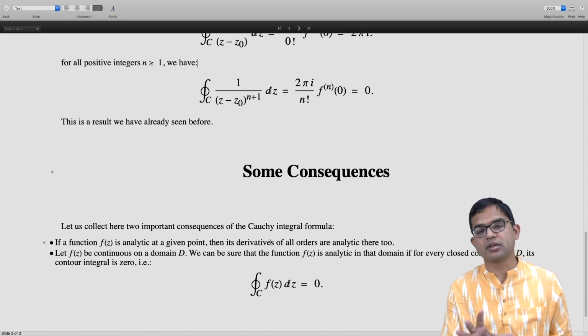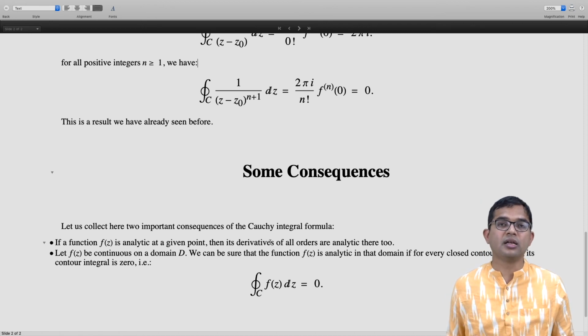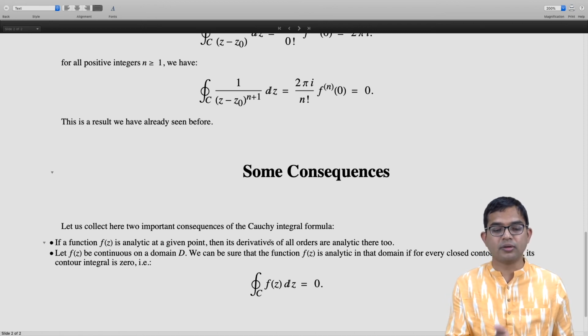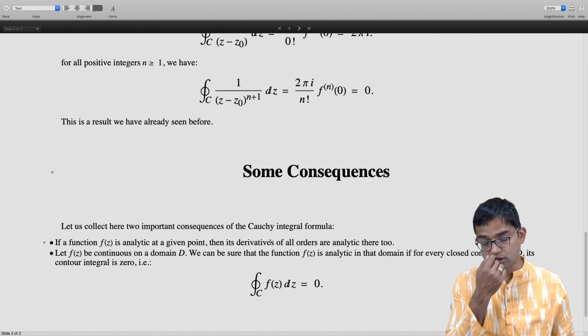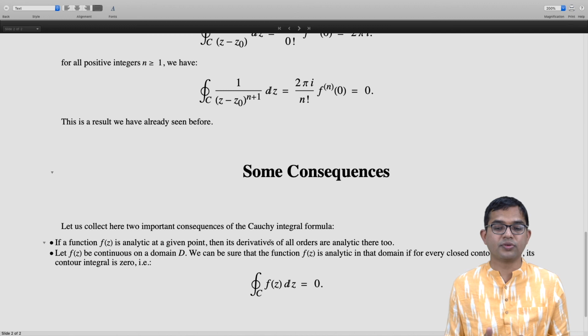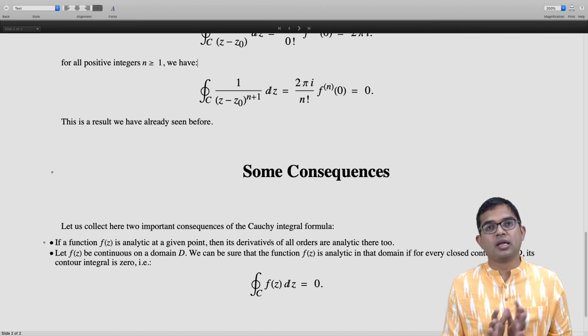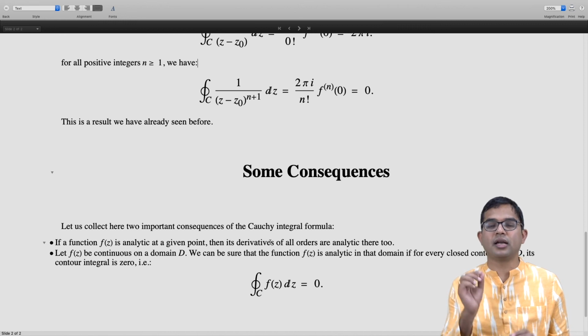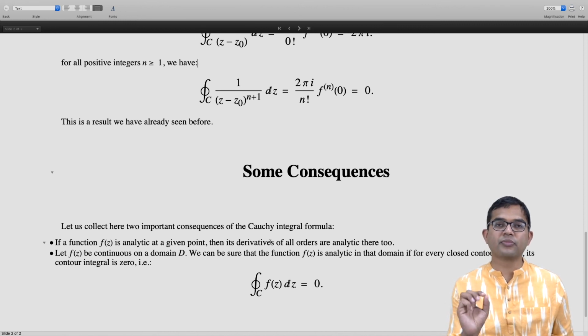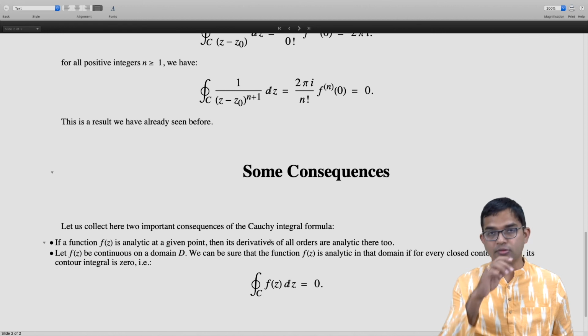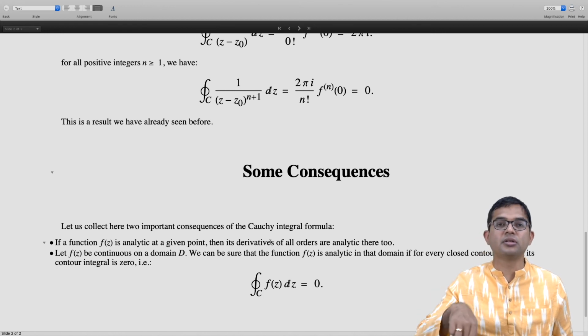And so the statement that a function is analytic in some region is equivalent basically to the statement that all these closed contour integrals of this function are also going to be 0, right? Which is also related to the fact that at every point you can associate an antiderivative to this function, so it doesn't matter which path you take.